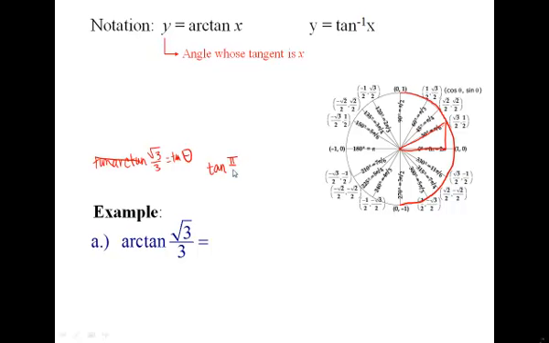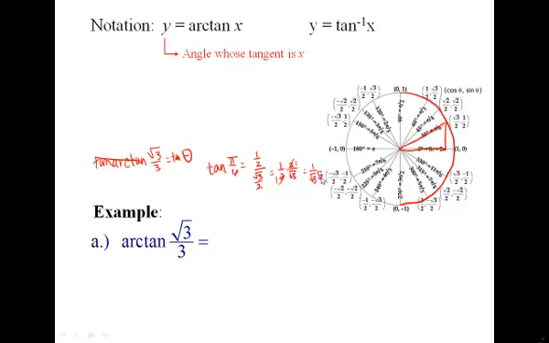Tangent of pi over 6, what would that have gotten us? Well, we have 1/2 as the opposite over the square root of 3 over 2. When you change that to multiplication, we're going to get this problem right here. These reduce to be just 1 over 1, and so what we get is 1 over the square root of 3.